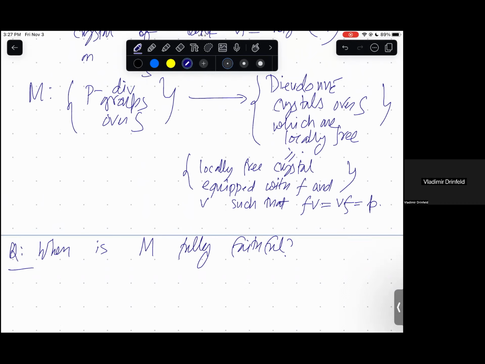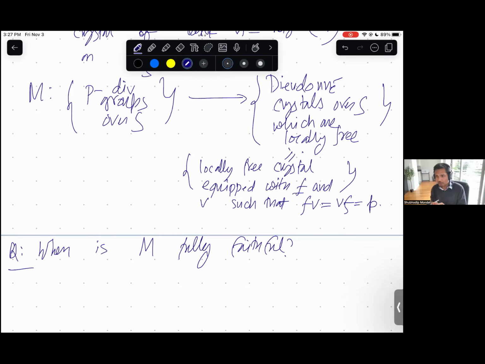Are there some similar words in the general definition of Dieudonne crystal? Yeah, so I think here I didn't say this about F and V, but for F and V also one has to phrase the semilinearity, which will be obtained by pulling back along the absolute Frobenius map on S. Sorry, I think I was suppressing that.